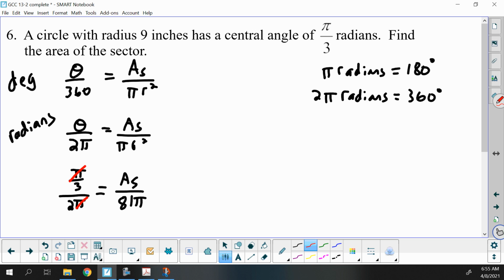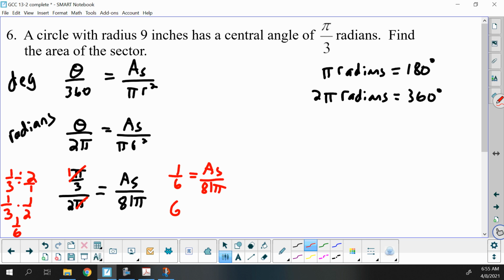And then what we would put in the calculator, this is really a 1/3 on the top. So you would do 1/3 divided by 2. You can do it without a calculator by doing a keep change flip. 1/3 times 1 over 2, if we multiply across, gives us 1/6. So this will be 1/6 is equal to the area of the sector over 81 pi.